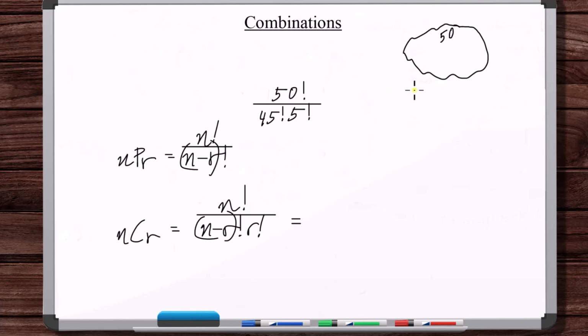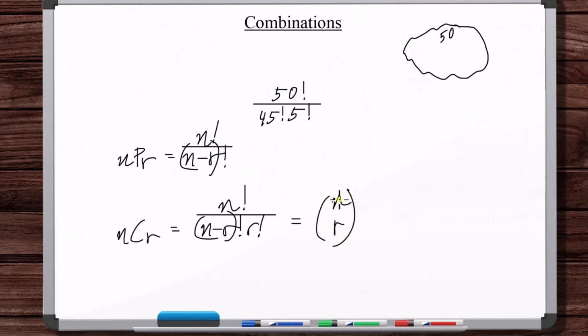Sometimes you'll hear people say choose even though they're talking about a permutation, but the convention is when you hear choose, you're typically thinking combination, n choose r. For permutations you wouldn't say choose, you'd just say permutations, or maybe n pick r. It's kind of interesting.